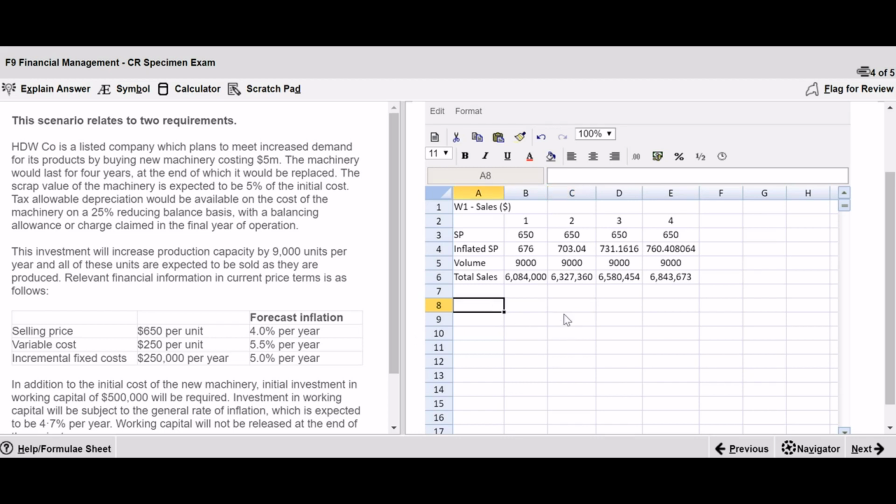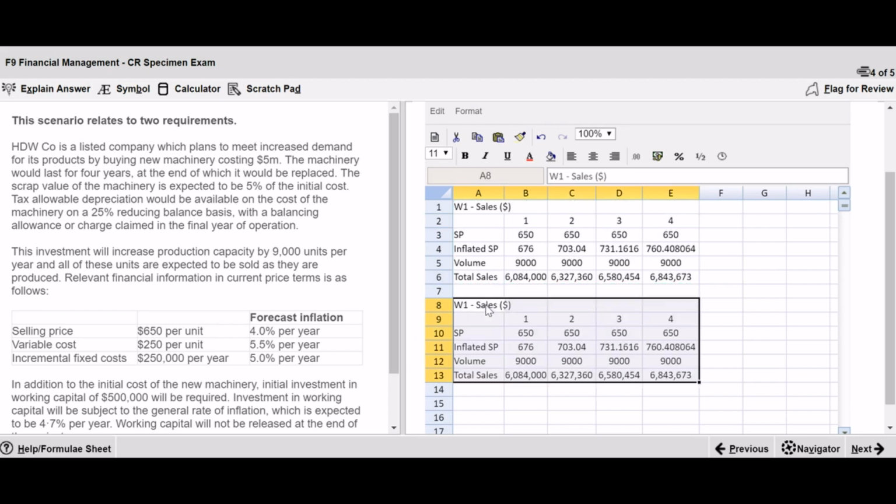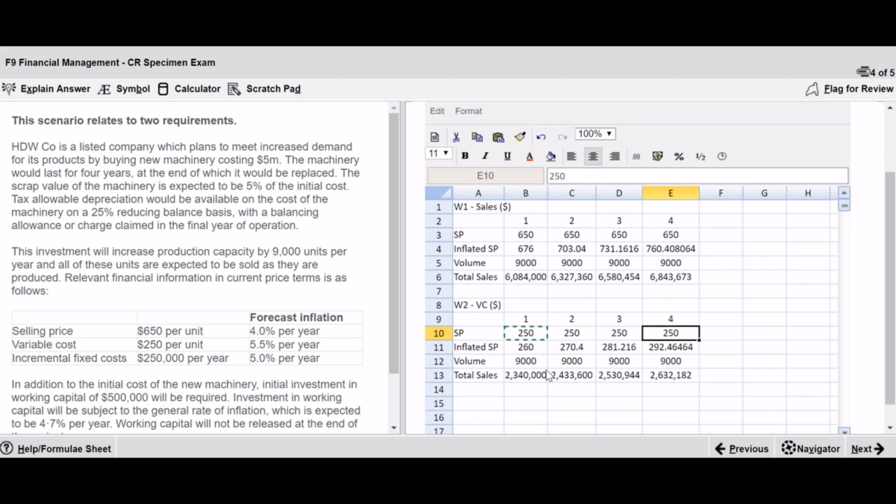Now to do working 2 on the variable cost, I'm going to copy this and change things in the same working. That is the beauty of doing these questions on a spreadsheet. So you're just going to say this is working 2. It is our variable cost. The variable cost given is 250, so I'm going to change this 250 here. I'm going to think about the inflated variable cost here.